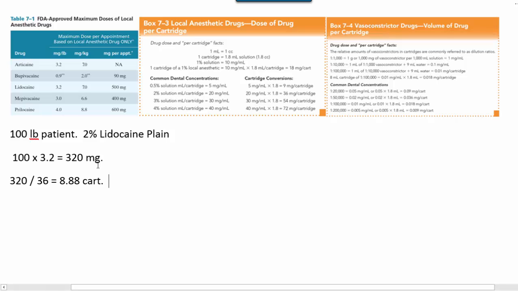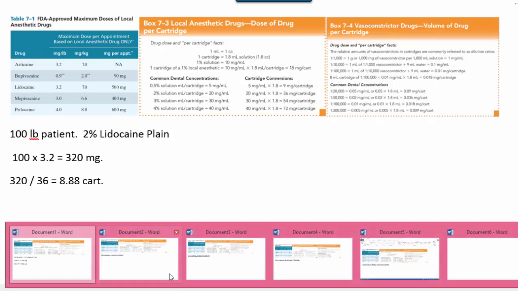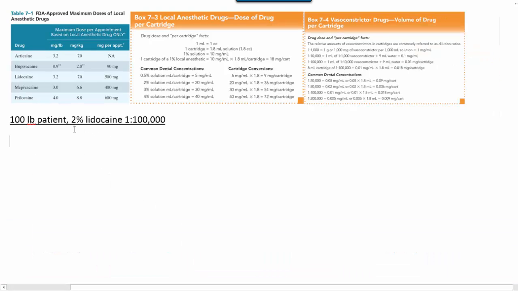Now, what if she was receiving 2% lidocaine at 1 to 100,000 epinephrine? All other calculations are the same. Her limit was 320 milligrams of lidocaine based on her body weight, and she could have 8.88 cartridges based on that.